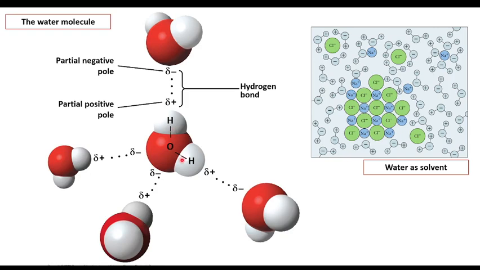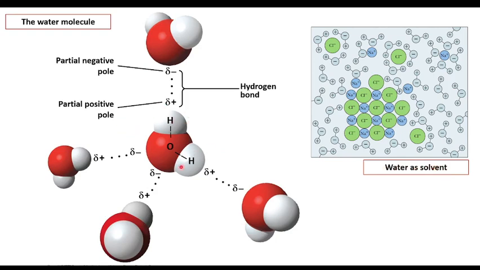Even if they do share electrons, oxygen is still able to have this partial negative pole, and these hydrogen atoms here have these partial positive poles. This is an important feature of water because this polarity allows water to become a very good solvent.